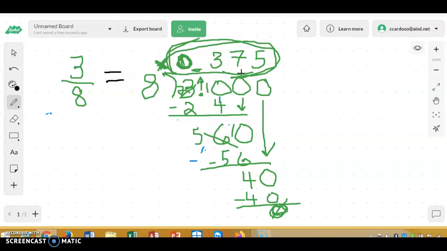You say the decimal word ending where the number ends in that place. See, that 5 is in the thousandths place, so I say 375 thousandths. Remember the T-H-S ending. Say it, don't spray it.